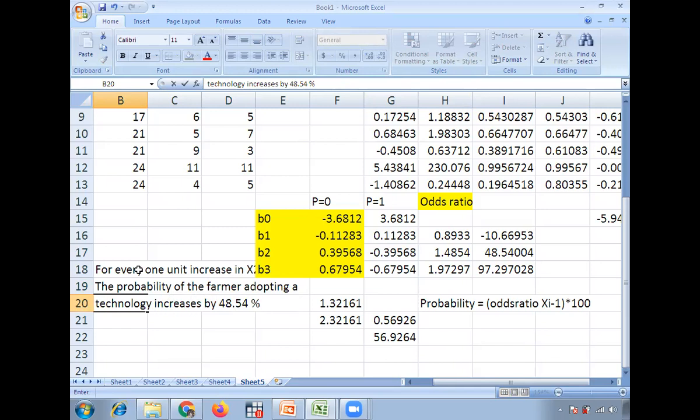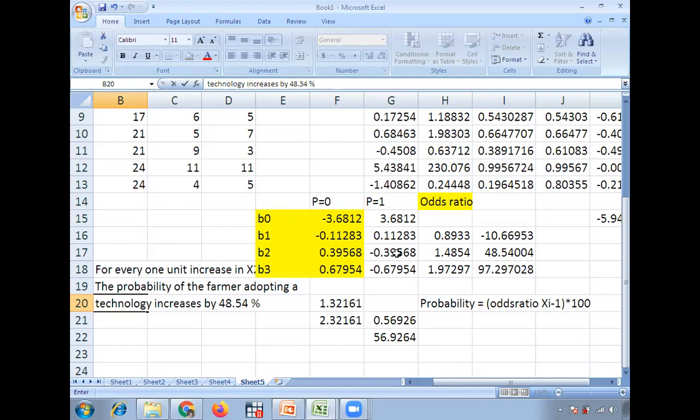So now we are going to the interpretation of whether the farmer will adopt technology or not. By using the coefficients, since the coefficients by default give the response for p equal to 0, but here the response should be p equal to 1, accordingly we are changing the sign, and then we are saying if x is so and so, what is the probability of the farmer adopting technology?